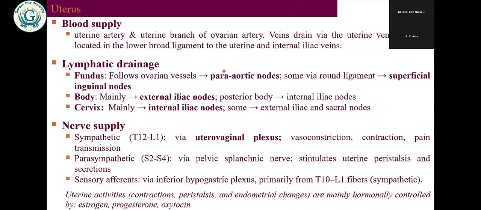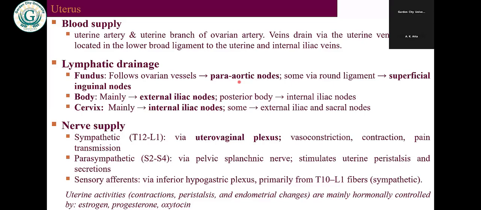For the uterus, we've already touched on the blood supply. For the lymphatic drainage, the fundus of the uterus goes into the para-aortic lymph nodes. From the body and the cervix, they drain into either the external iliac or the internal iliac lymph nodes.